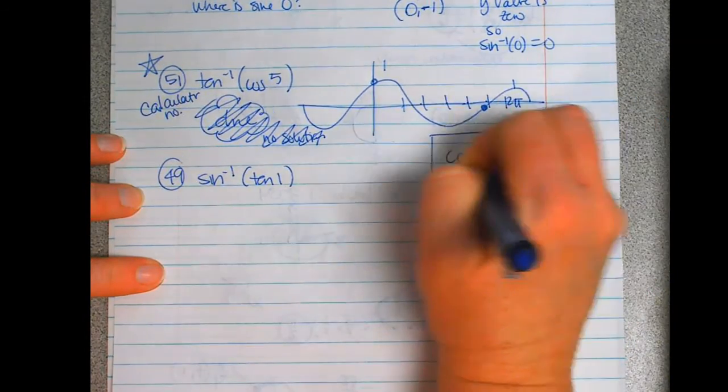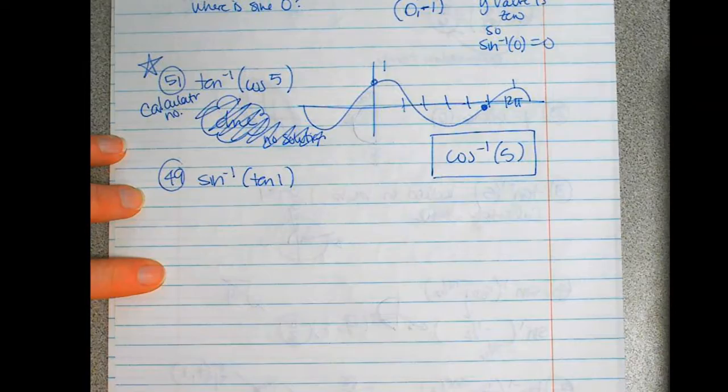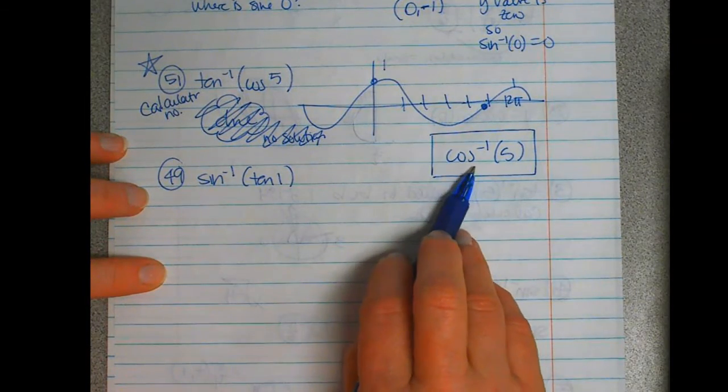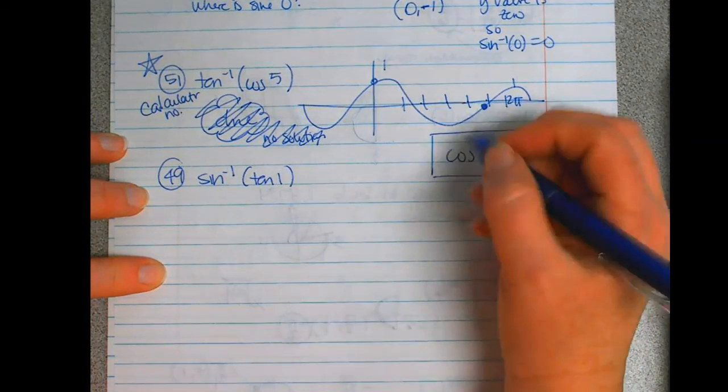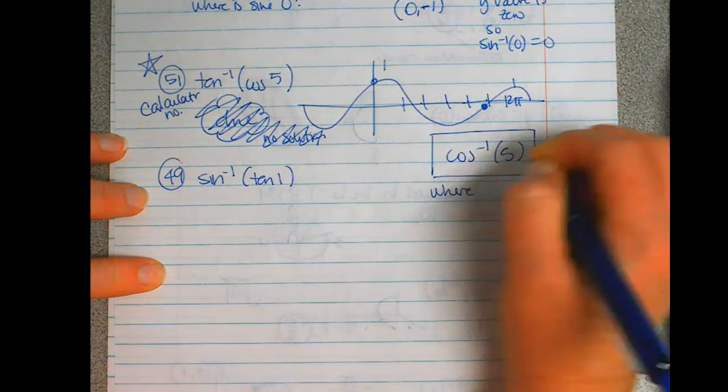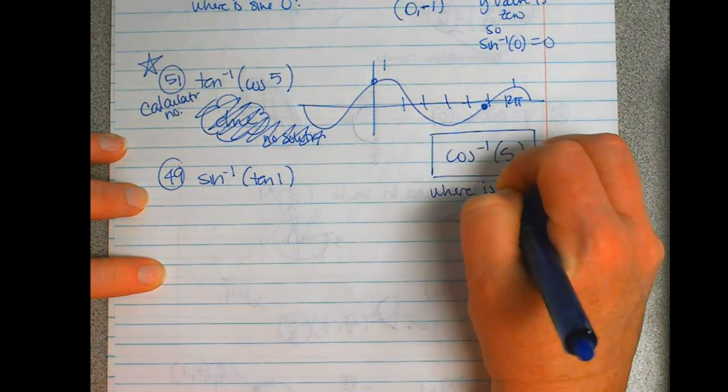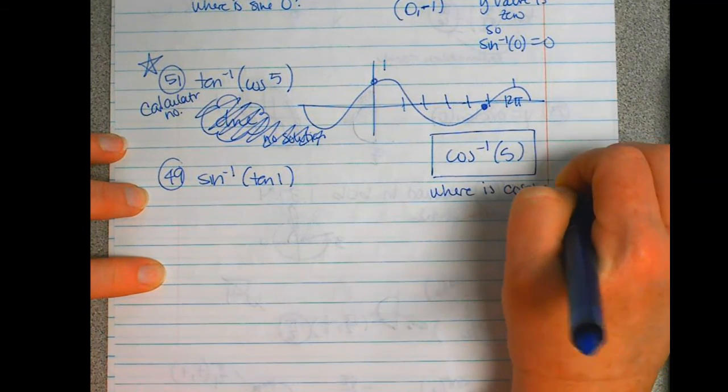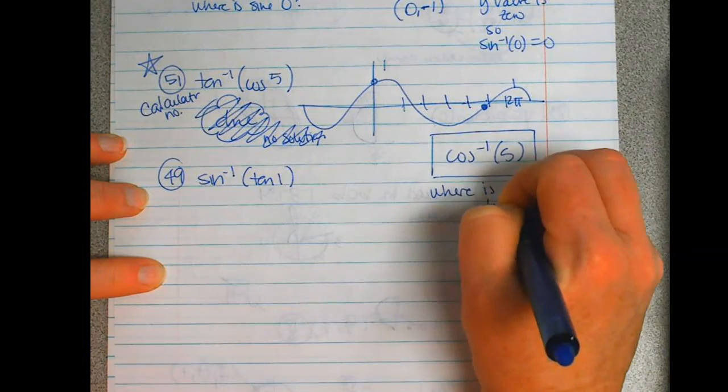So this is supposed to say what I wrote before: where is cosine equal to 5?